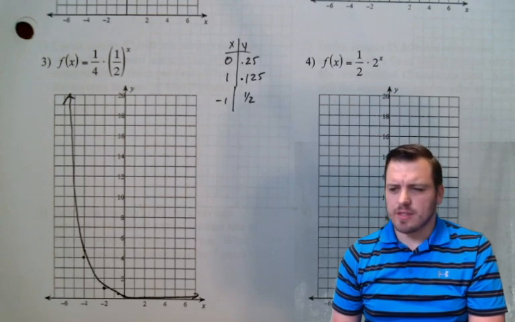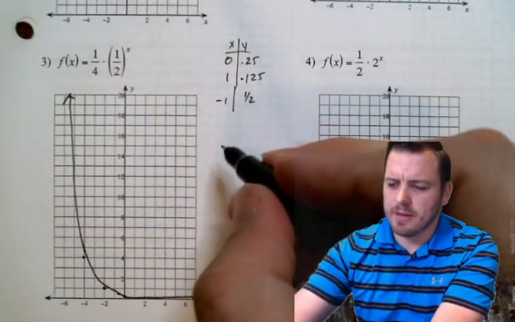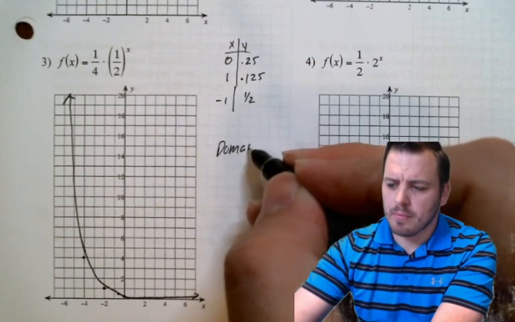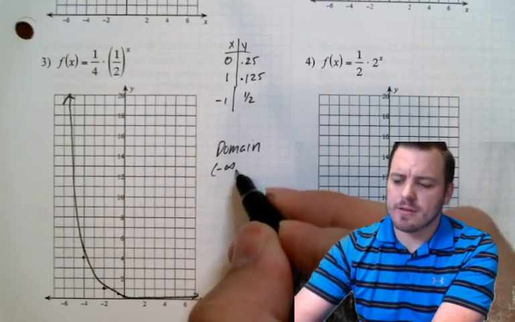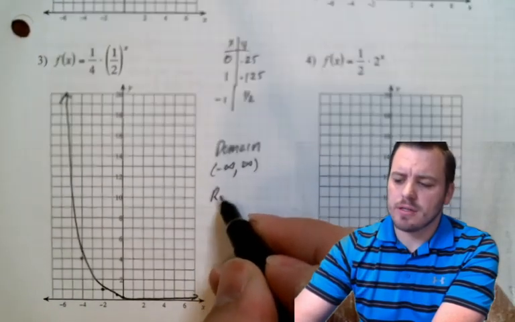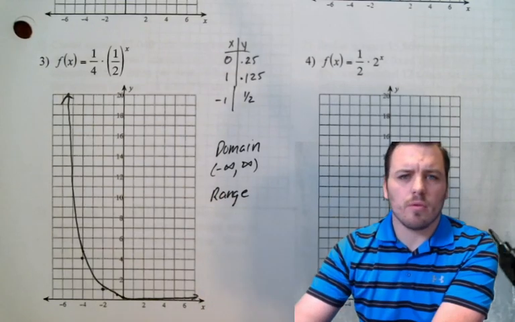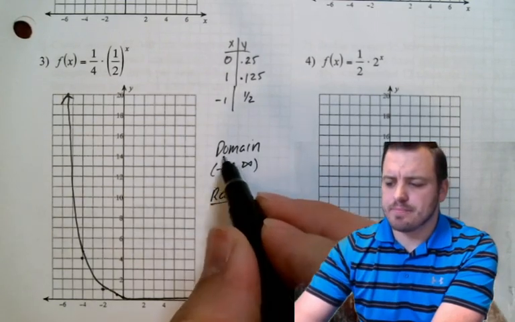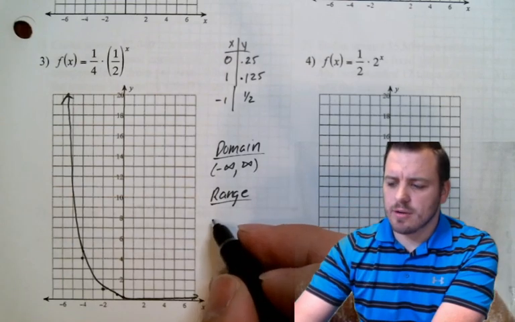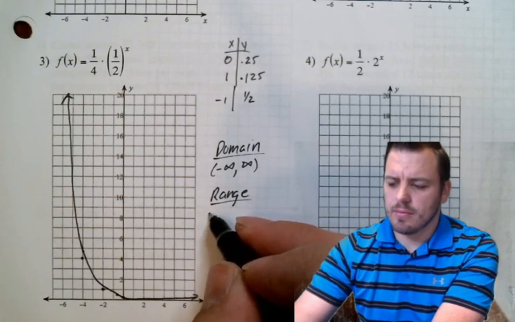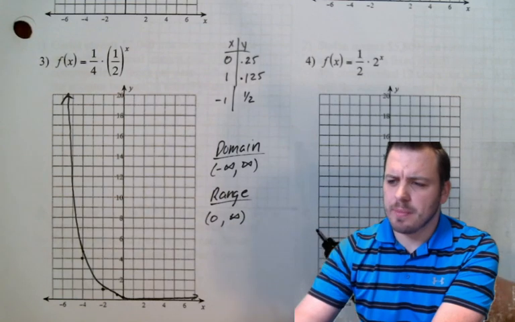And then from there, we just got to identify everything. The domain is negative infinity to infinity. Range would be from 0, not included, to infinity.